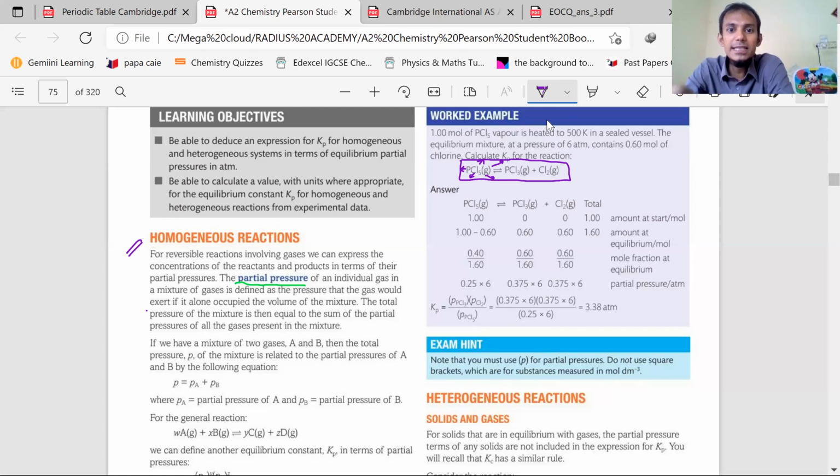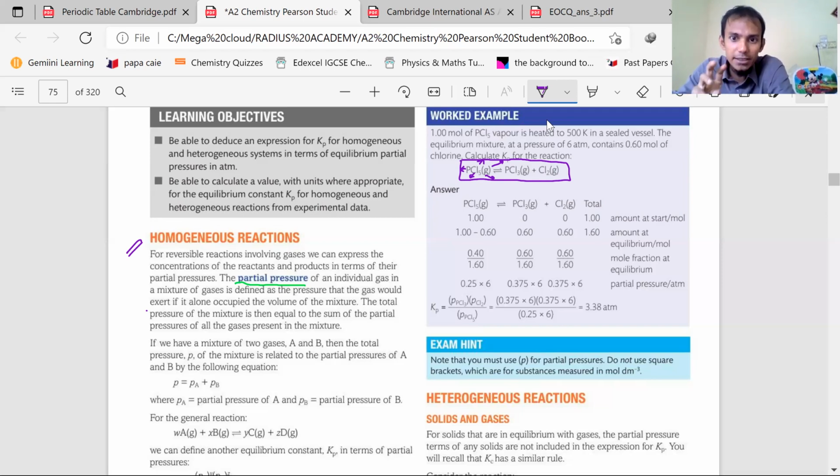If only PCl5 is present inside the reaction vessel, the force or pressure it would exert when colliding with the wall of the reaction vessel is the partial pressure of PCl5. The partial pressure of PCl3 is the force PCl3 would apply on the wall of the container if it were alone. Similarly, the partial pressure of Cl2 is the force Cl2 would exert on the wall of the container if it were alone in the vessel.